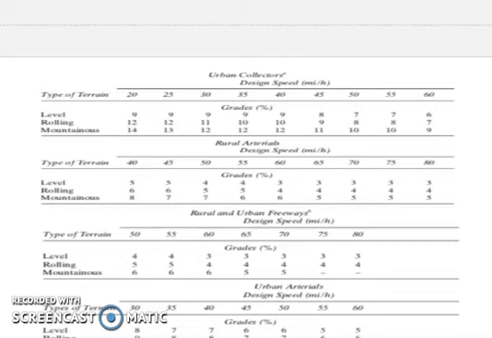We have here the specific grades, and you have the rural arterials design speed. We also have the rural and urban freeway design speed and the urban arterials design speed. So dependent on the type of terrain, you just have to refer to what value of the design speed you are going to consider.